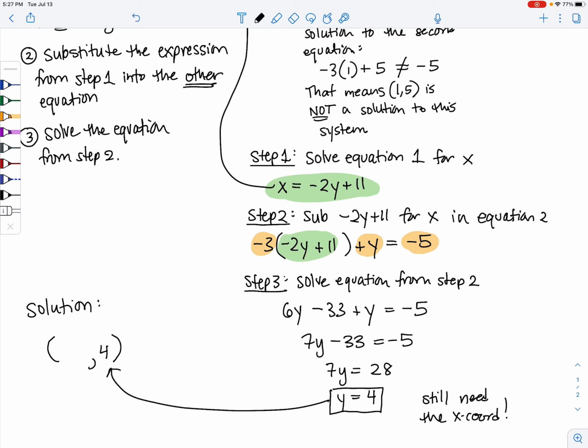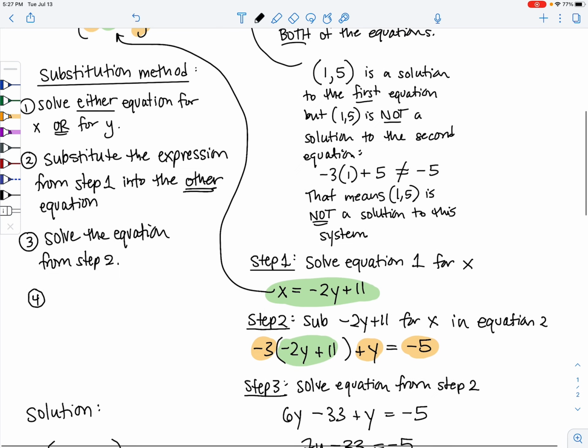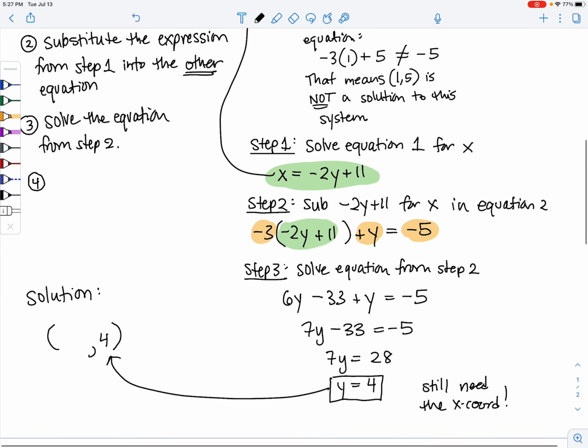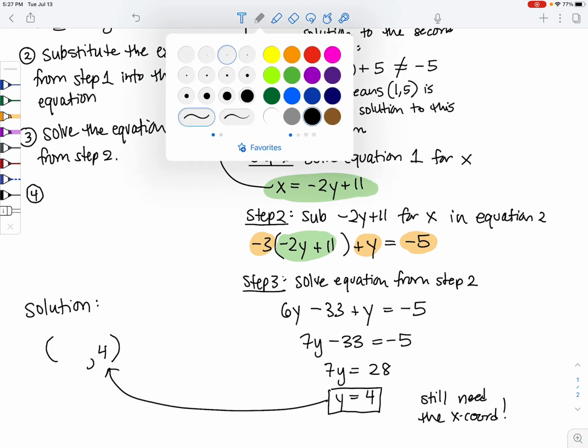Right. And now once I have one of the variables, this y, I have all sorts of options. I can take that y value and put it into either of the original equations, or I can take that y value and put it in where I had solved in step 1. And that's usually going to be the easiest, but it's good to know that you have options.